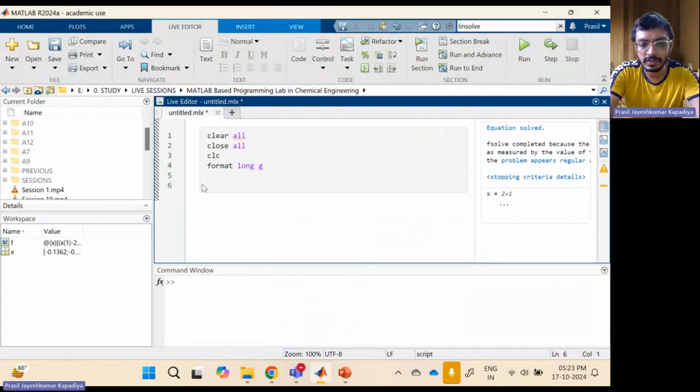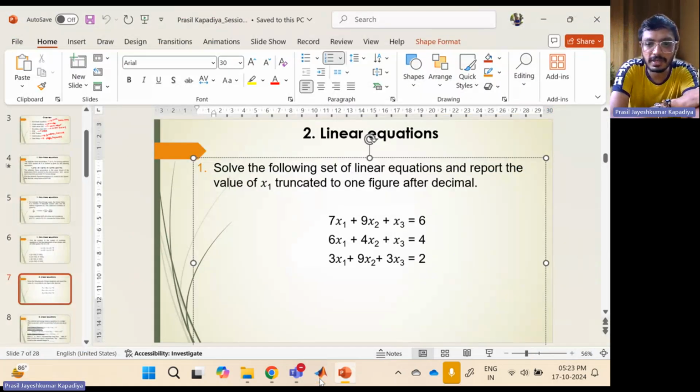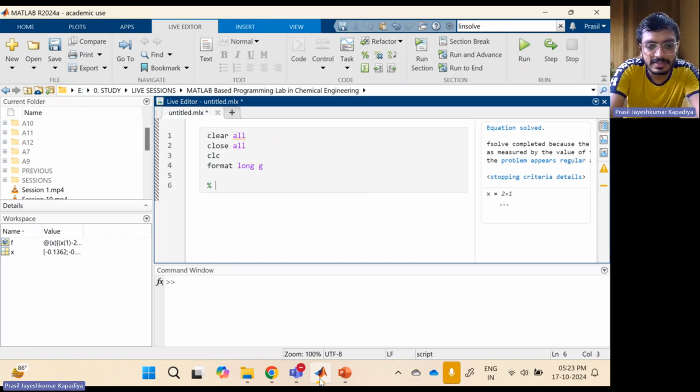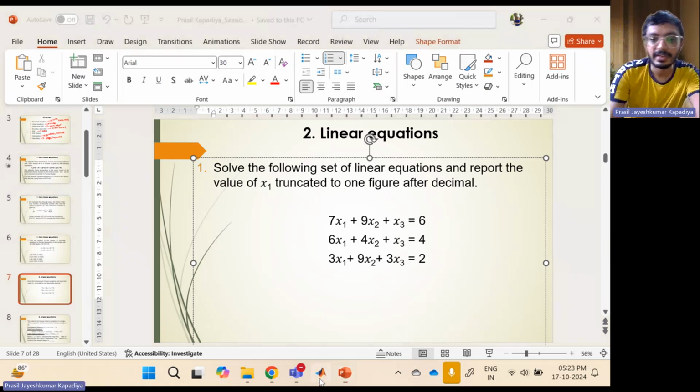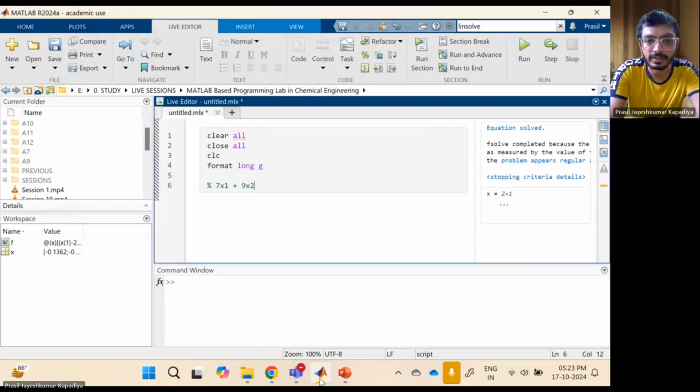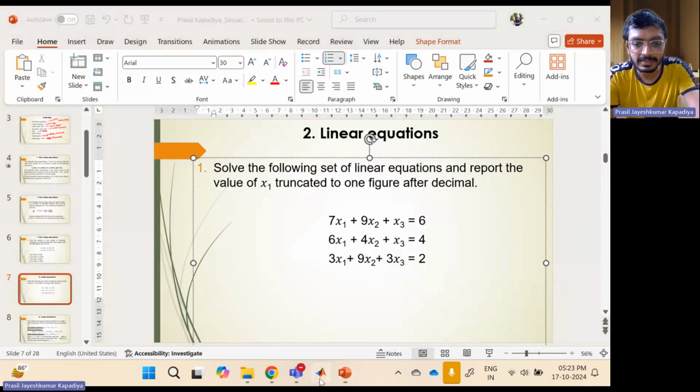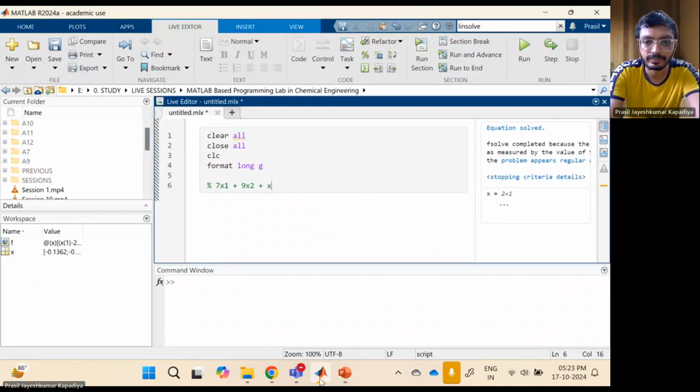My first equation is 7x1 plus 9x2 plus x3 is equal to 6. This is our first equation.